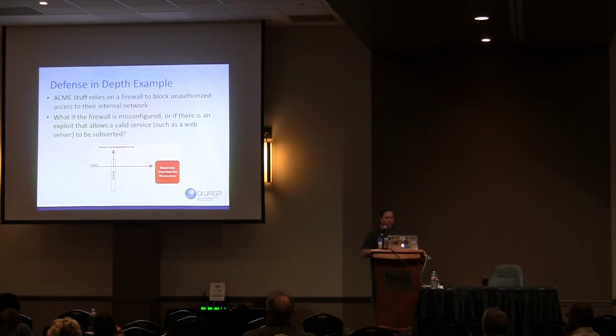So here's an example. In this case, we have a company called Acme Stuff. Acme Stuff relies on a firewall to block unauthorized access to their internal network. That firewall is the only layer of defense for this company. And this is very, very classic. There are many, many organizations where they're like, we got a firewall, good, secure, right? What happens if that firewall is misconfigured, or if there's an exploit that allows a valid service, a service that's actually poked through the firewall, to be subverted?